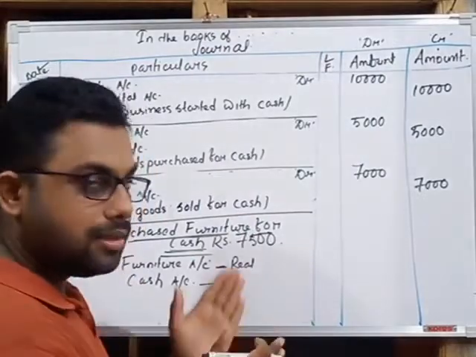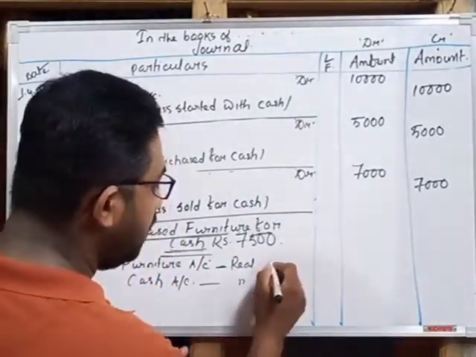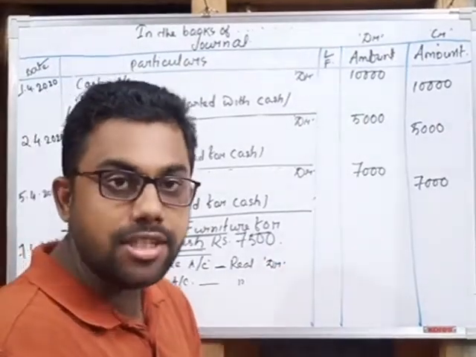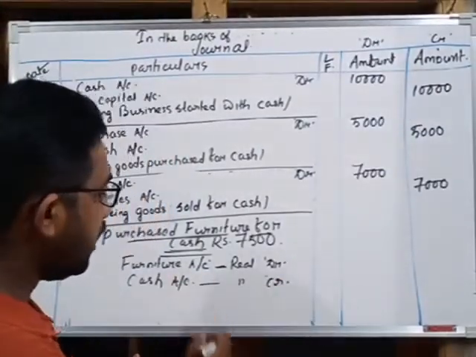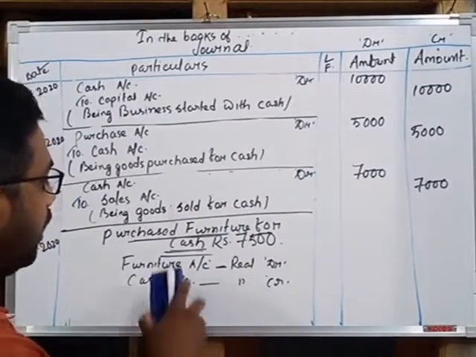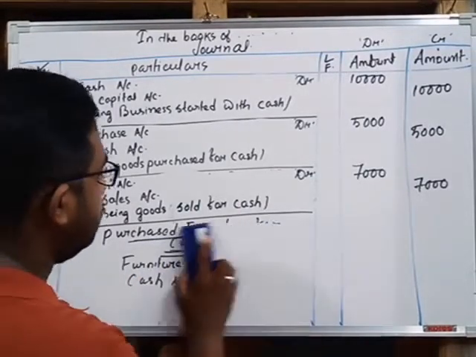In that case the business purchased furniture for cash, so furniture comes into the business, debit. And how did they purchase it? By payment of cash, so cash goes out of the business. So cash will be credited, and the transaction is furniture account debit to cash account, and the entry is furniture account debit to cash account, and the transaction is purchased furniture for cash rupees 7,500.